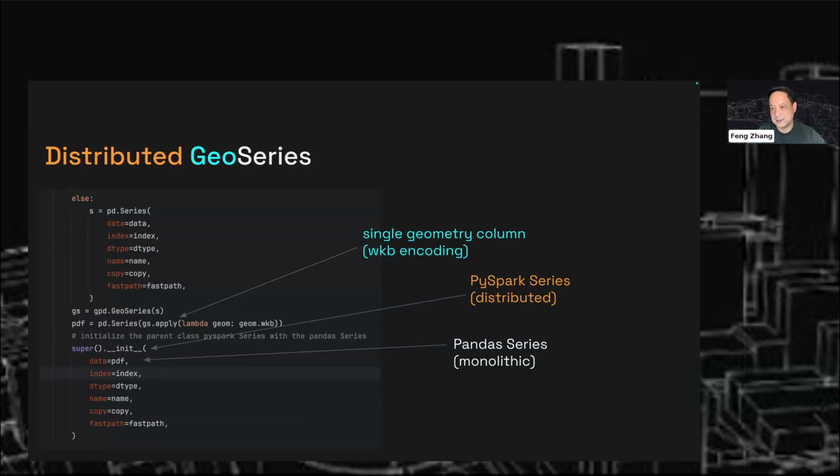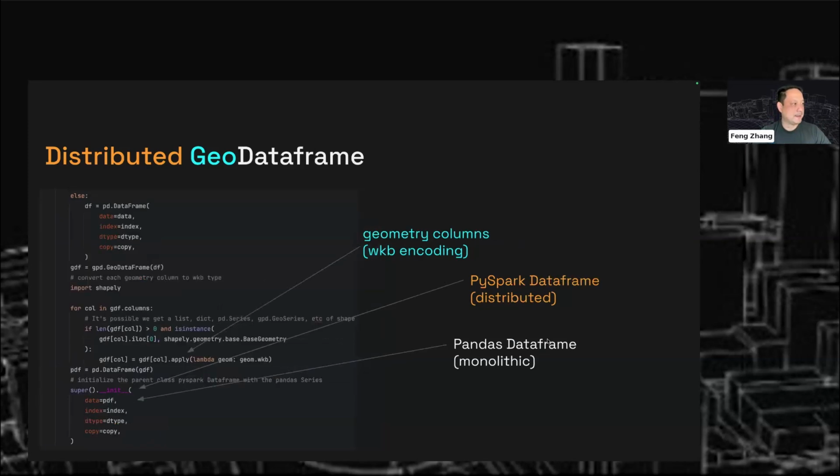So we fully support that, and on top of that, we add our ST functions. We add spatial joins, and even KNN joins on top of this. So basically, this is like three levels: pandas, PySpark pandas, and the GeoPandas all together.